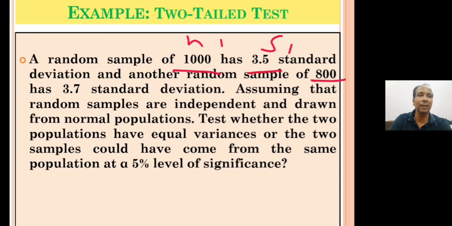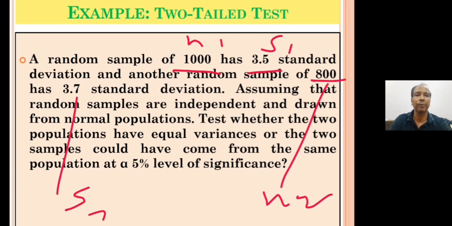This is N2, and this is standard deviation of sample 2, so S2. This 5% is alpha. These are the values given to us.